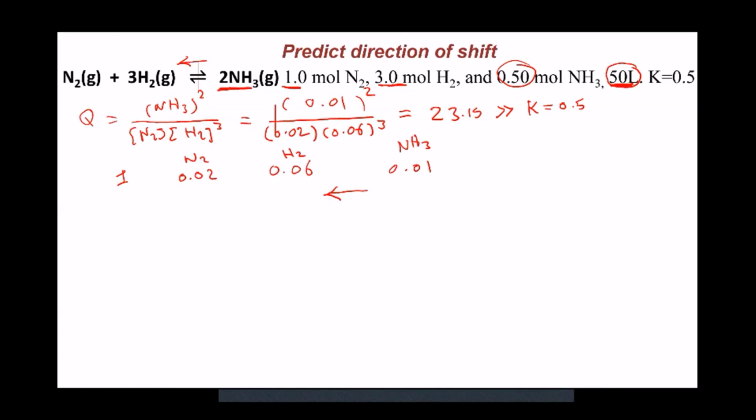So 2x of ammonia will be consumed, or decomposed, which will produce 3x of hydrogen because the ratio is 3 to 2, and 1x of nitrogen. So that's the change that we expect. That change will keep going till the system reaches equilibrium.